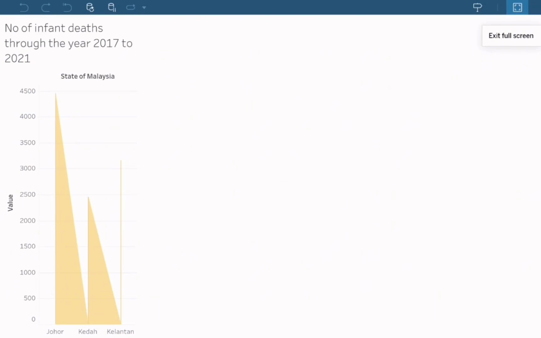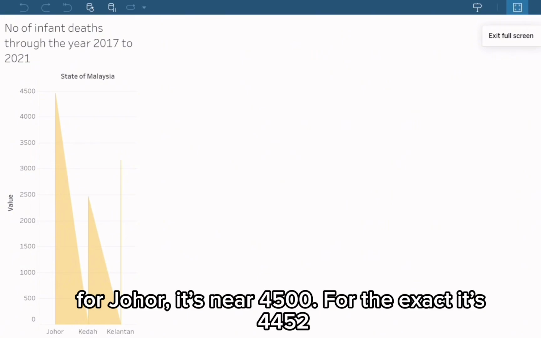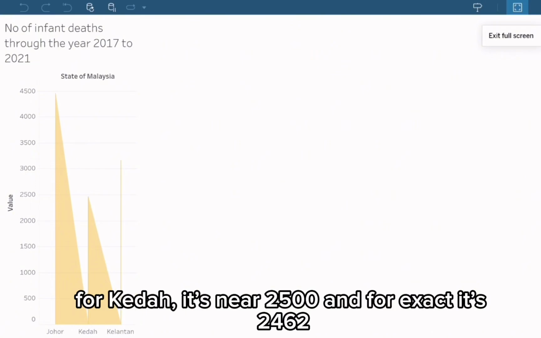For Johor, the infant deaths during the year 2017 to 2021 is near 4,500, and the exact is 4,452. For Kedah, it is near 2,500, and the exact is 2,462.